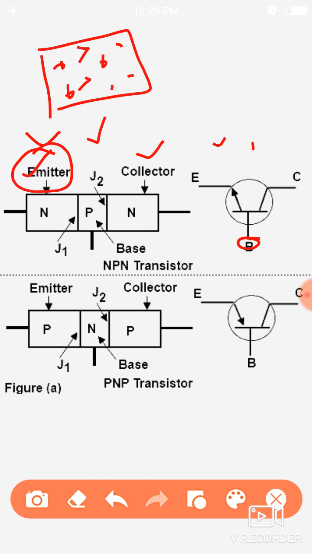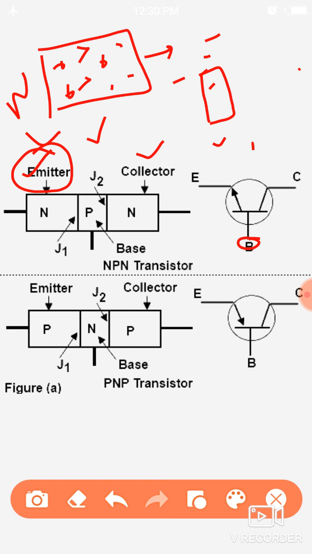Because of this, the large charge carriers are electrons, so it is called N. The collector is less doped than the emitter, but it has a wider area than the emitter. The base is just a junction point, very thin and lightly doped with respect to E and C, and it behaves like a gate between emitter and collector.